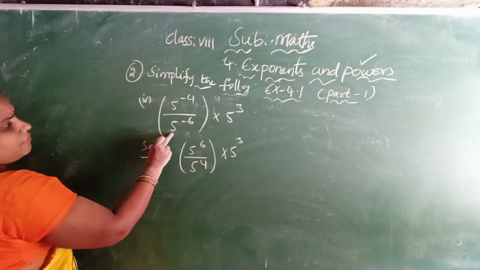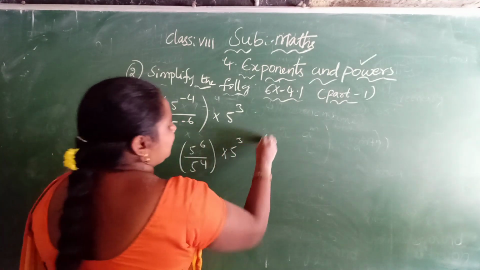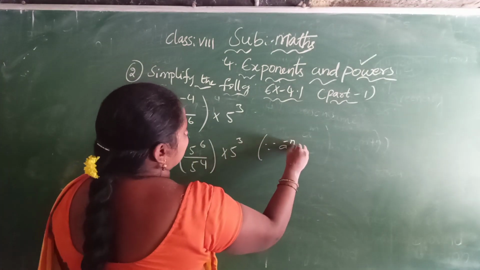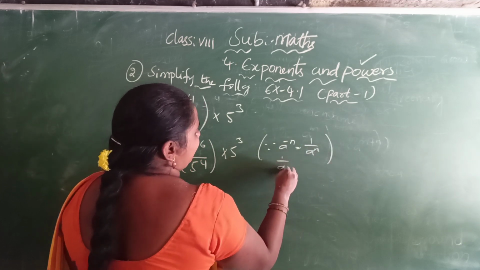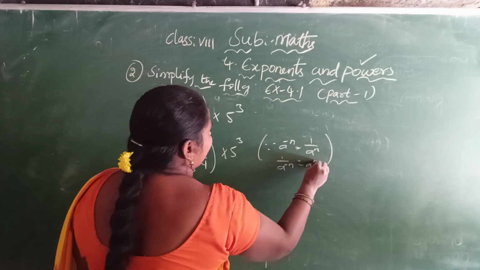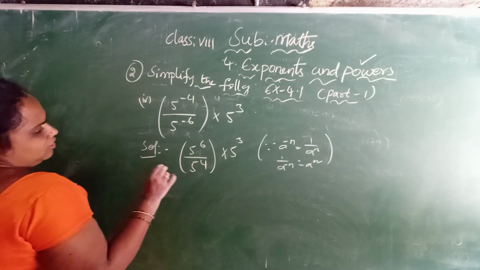Is it clear? Since a power minus n is nothing but 1 by a power n, and 1 by a power minus n is nothing but a power n, that is the formula.